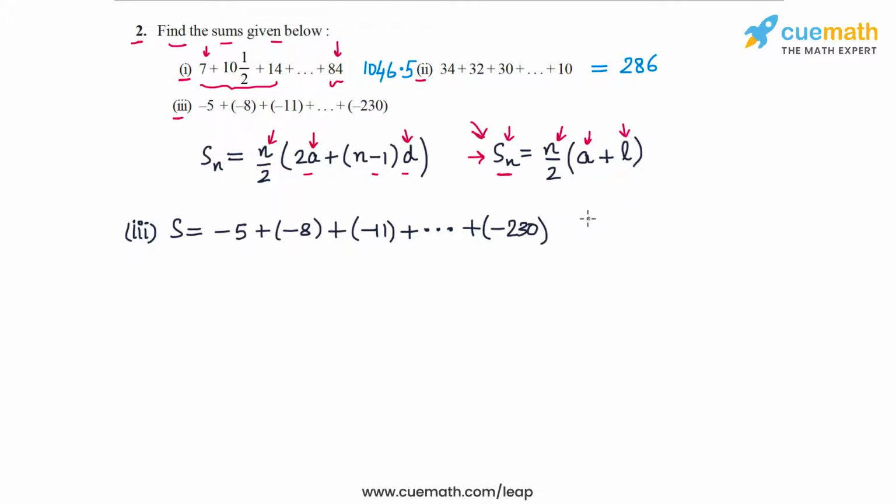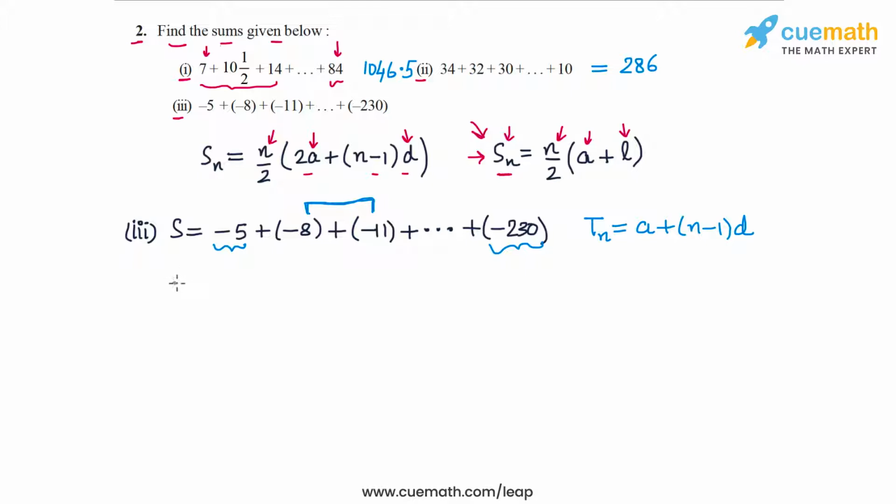Once again, we will first find the number of terms using the relation Tn equal to a plus n minus 1 times d, where Tn is the last term -230 and a is the first term -5. d is the common difference, which can be found by taking the difference of any pair of consecutive terms. For example, if I take -8 and -11, we see that d is equal to -3.